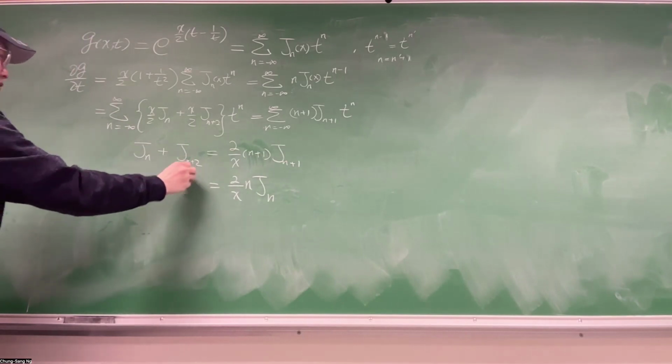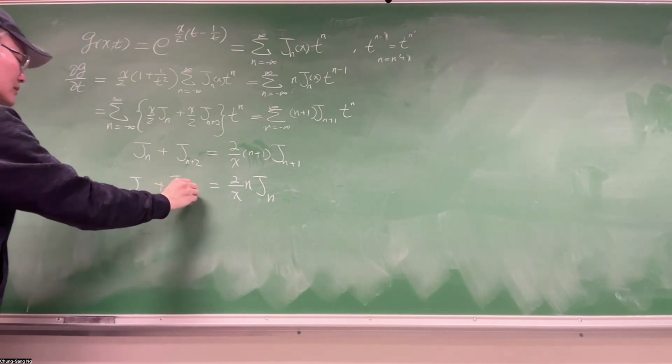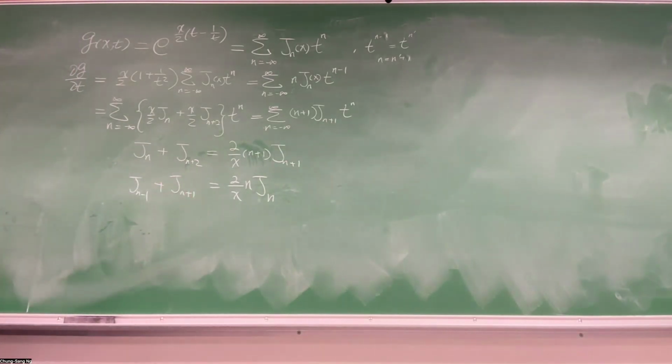N plus 1 is n, this becomes J n plus 1. Okay, that's fine. So this is the form in your textbook. This is the first one, 14.7. Is that okay?